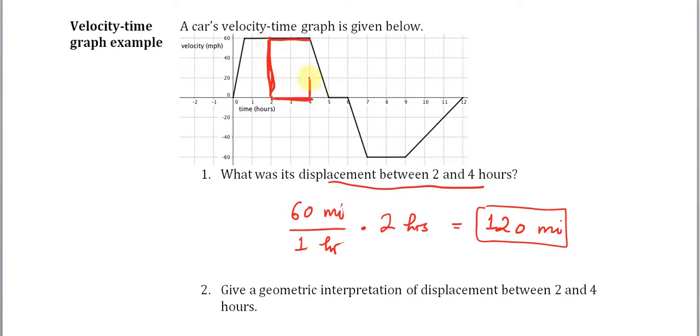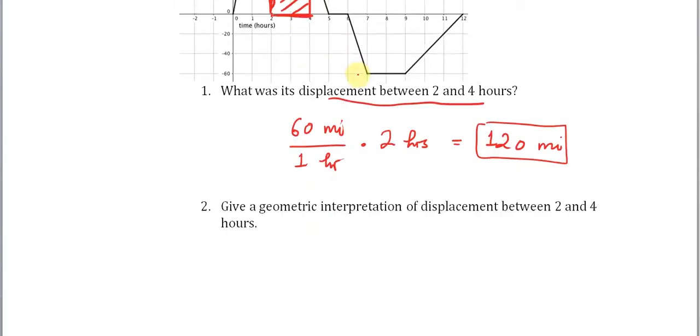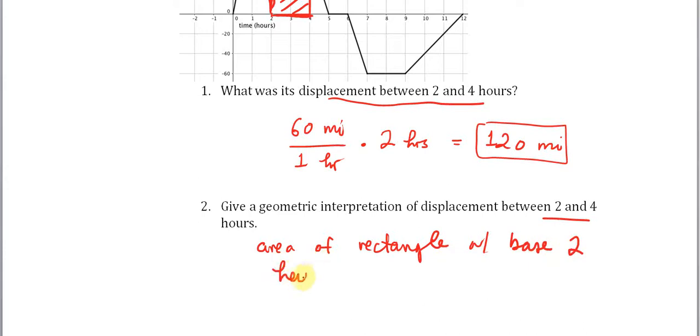And so what we've effectively calculated is the area of this rectangle right here. The area of this rectangle is 2 times 60, which is 120. So the displacement between 2 and 4 hours is the area of a rectangle with a base of 2 and a height of 60.